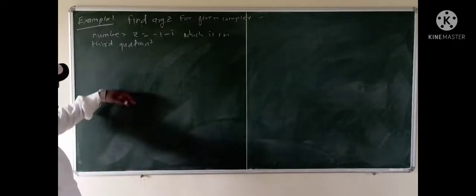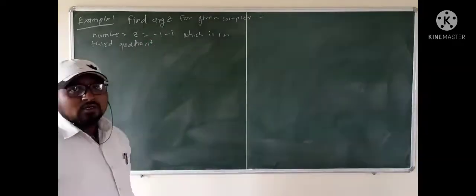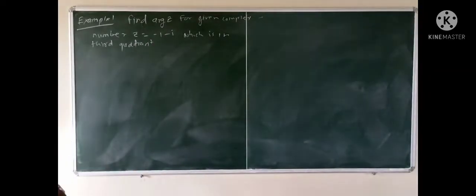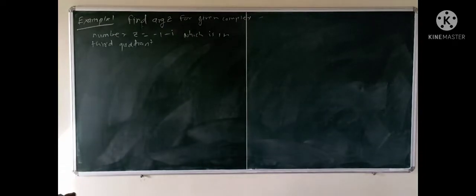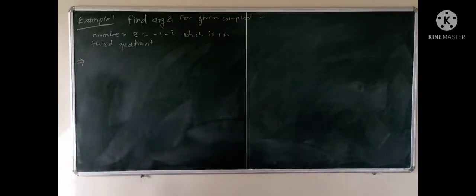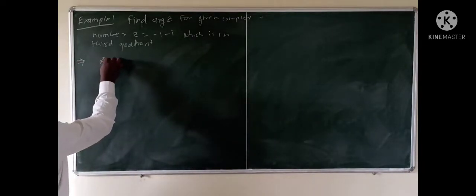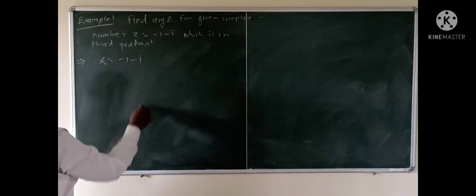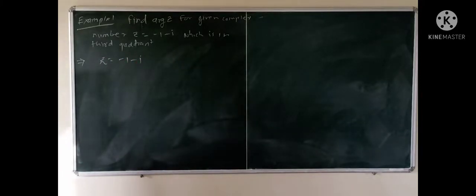You can see that both the x value and the y value are negative, so it will go in the third quadrant of the Cartesian or polar coordinate form. So, solution. It is given that z is equal to minus 1 minus i, and we have to find the argument of z.